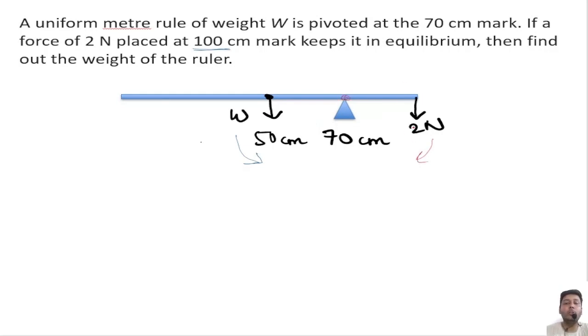It will tend to turn this ruler in the clockwise direction. If it is in equilibrium, then I can apply the condition for stable equilibrium: clockwise moment is equal to anti-clockwise moment.